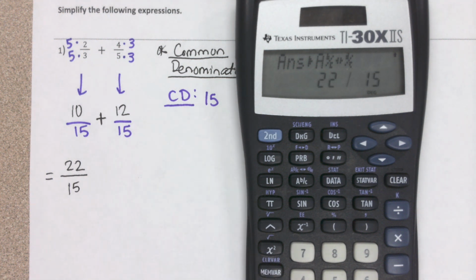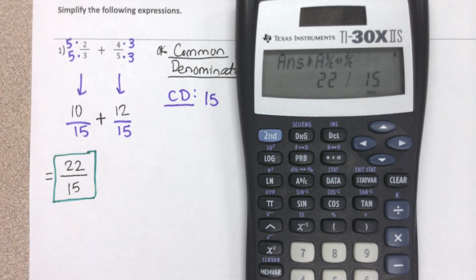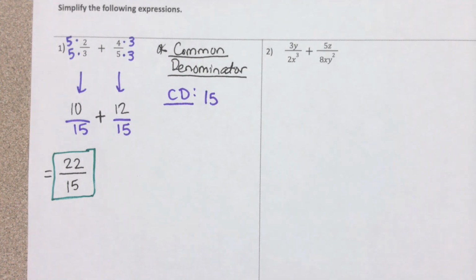And you should get 22 over 15, meaning we can't reduce. This is our answer. And that's how you add fractions. This is the basic concept we're going to be doing, but in an Algebra 2 concept.